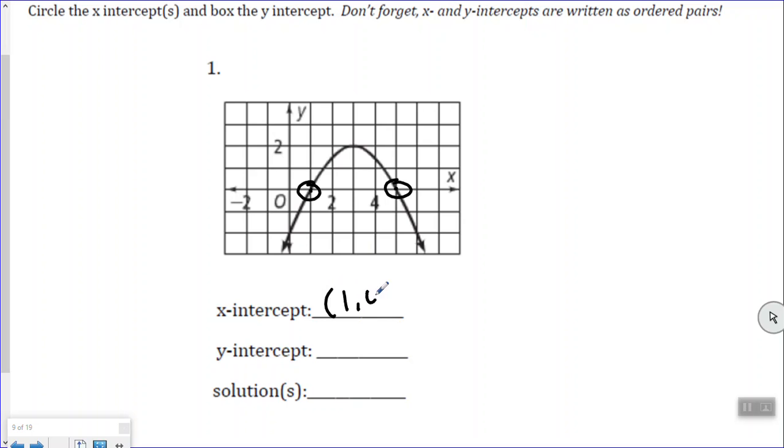Let's write them as ordered pairs: (1, 0) and (5, 0). The y-intercept is this point, (0, -2). Solutions are the same as x-intercepts, 1 and 5.